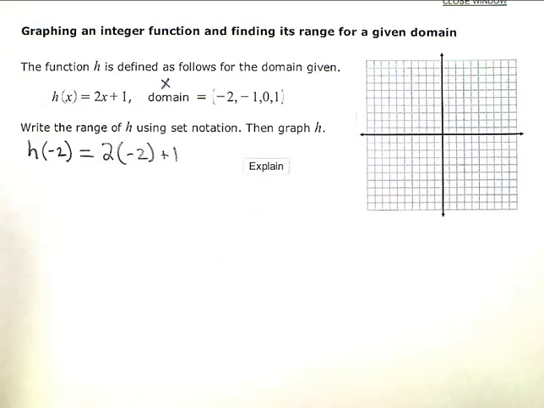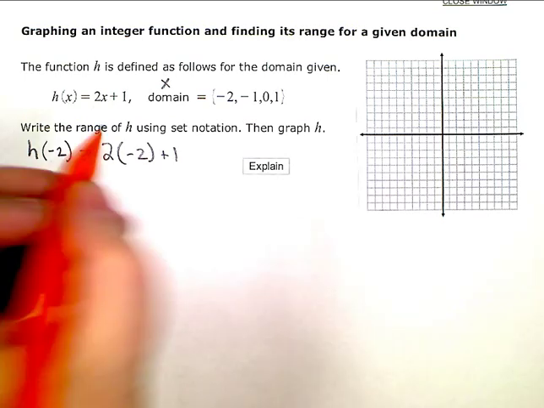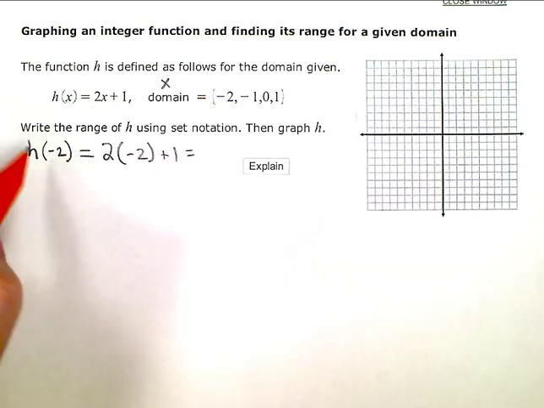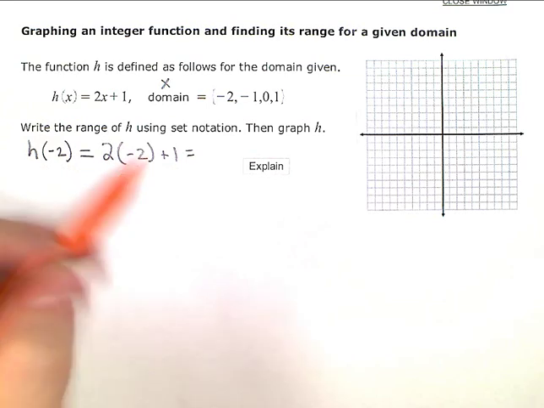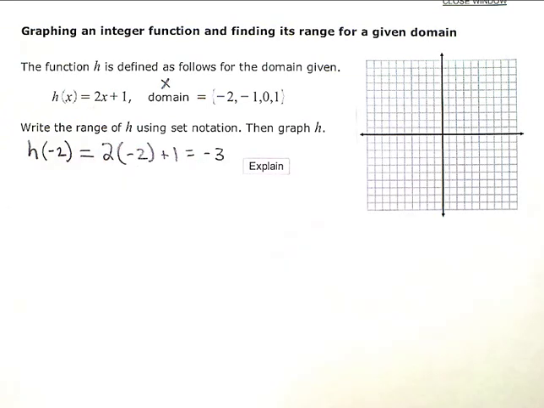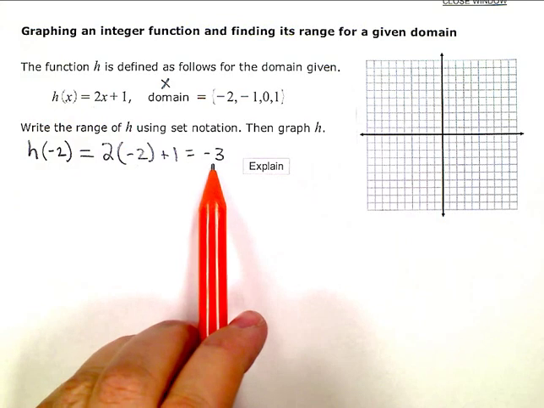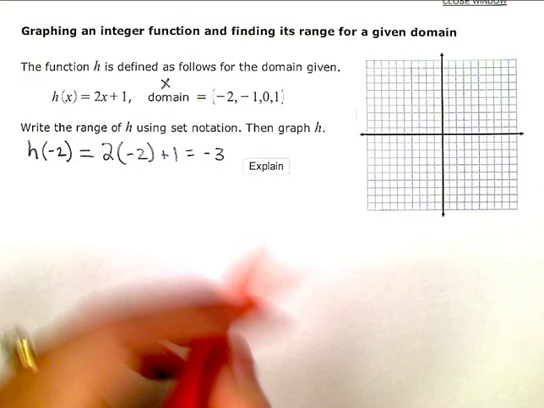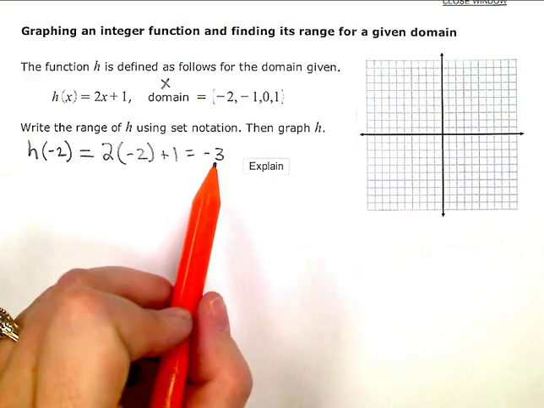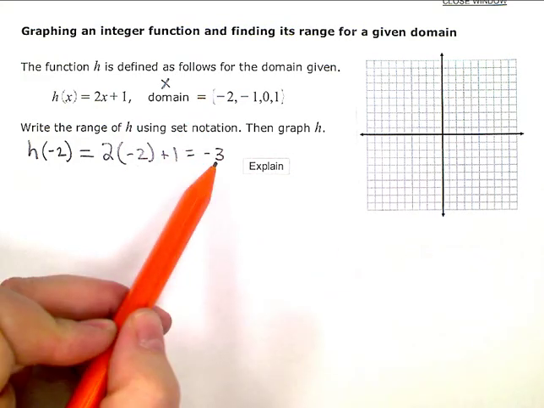So h of -2 is equal to 2 times -2, which is -4, plus 1, or -3. So -3 is the y value associated with -2. So I'm going to plot that point. This is my x, this is my y.